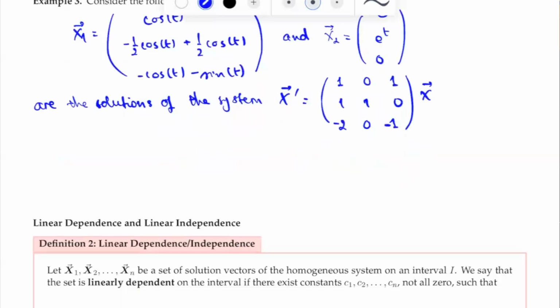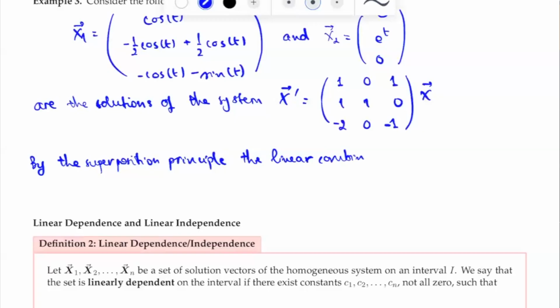So by the superposition principle, the linear combination X equals c1 X1 plus c2 X2 is also a solution to the system.